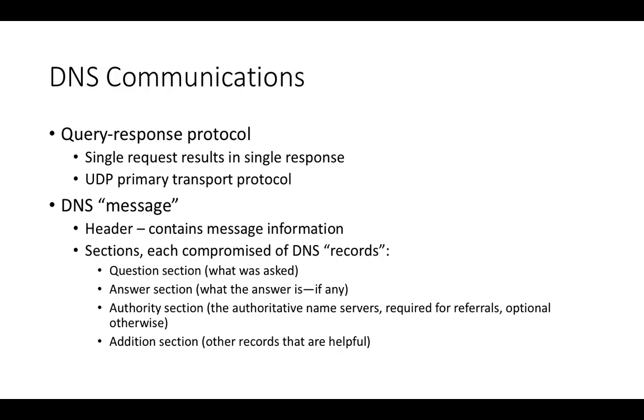Okay, and then the additional section contains other records. For example, if you're looking up mail server records, if you want to send an email message to somebody, to learn which mail servers you should send to for a given domain requires a DNS lookup.